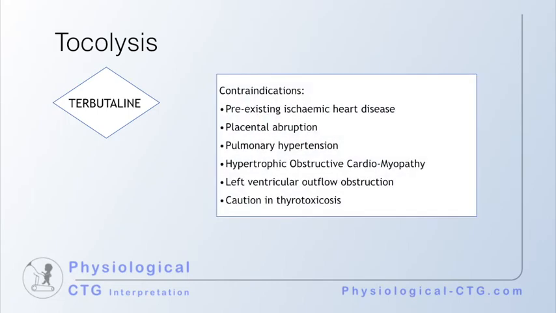Terbutaline is contraindicated in the following situations: pre-existing ischemic heart disease, placental abruption, pulmonary hypertension, hypertrophic obstructive cardiomyopathy, or any left ventricular outflow obstruction. Caution should also be exercised in thyrotoxicosis. However, terbutaline can be used in situations of cord prolapse in order to relieve pressure on the cord.